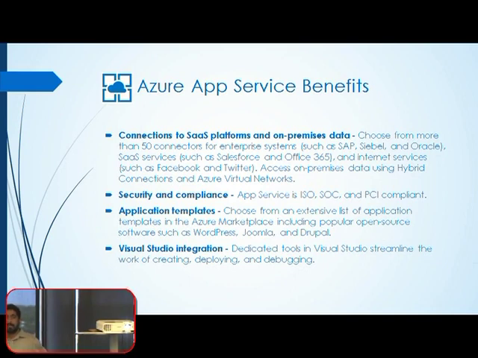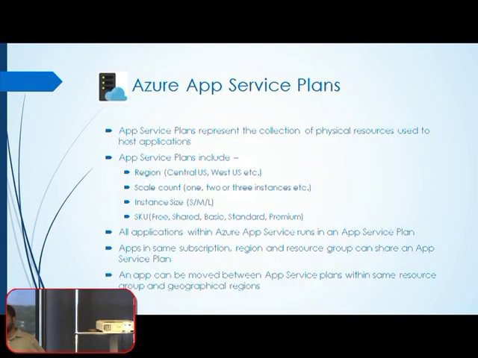We have an extensive list of application templates in Marketplace which we can utilize for our apps, for example WordPress, Joomla, etc. And it's good for .NET developers. As I said, it has wonderful integration with Visual Studio, so it streamlines the work of creating, deploying, and debugging our app services.